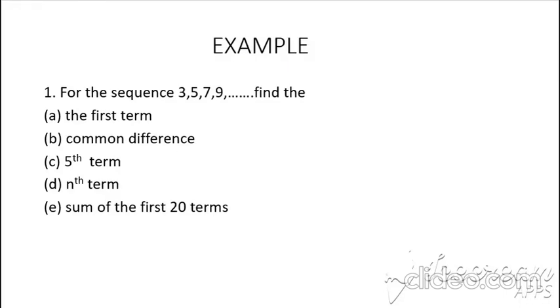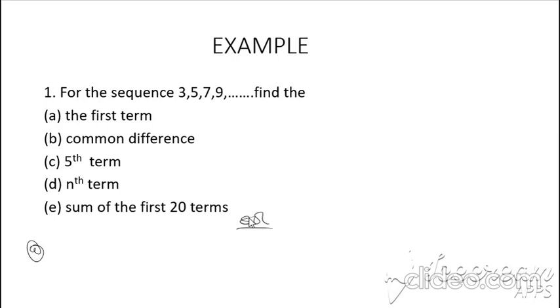Okay, let's do an example so that you can understand fully. Example 1. For the sequence 3, 5, 7 and 9, find the first term. So how can you find the first term? The first term here is 3.